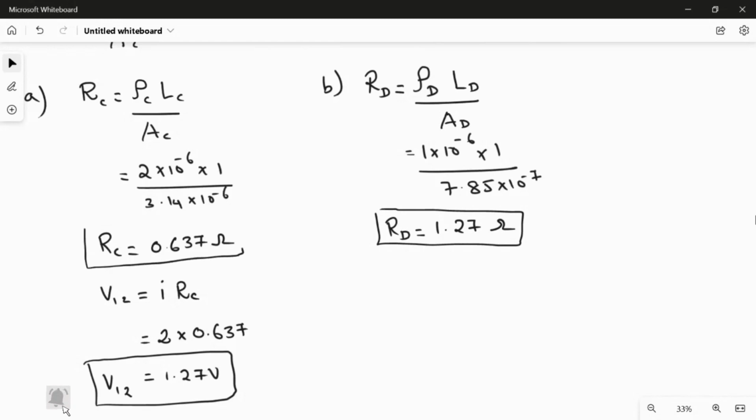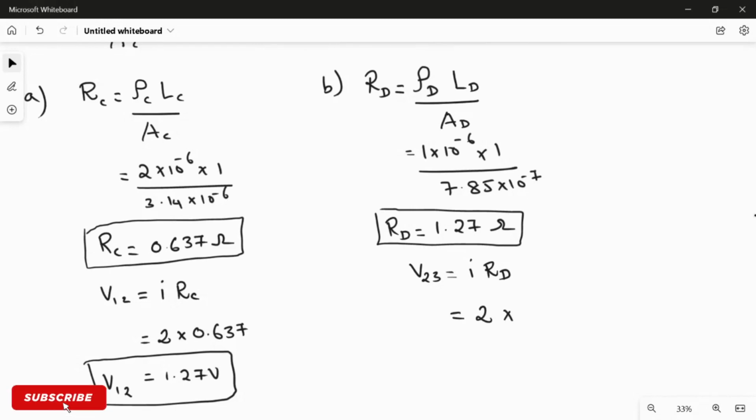Clear? Now by using the resistance of the wire D, we are going to find the potential difference. So the potential difference between the point 2 and 3 is equal to the current multiplied by the resistance of the wire D. The current here they mention as 2 ampere. So 2 multiply with 1.27, we got the answer here as 2.54 volt. So this is the answer for the second question.